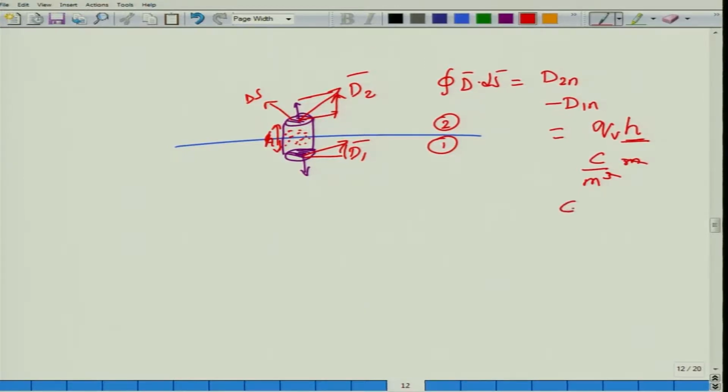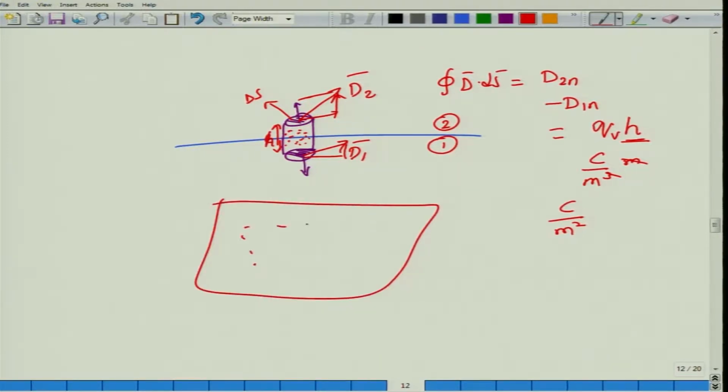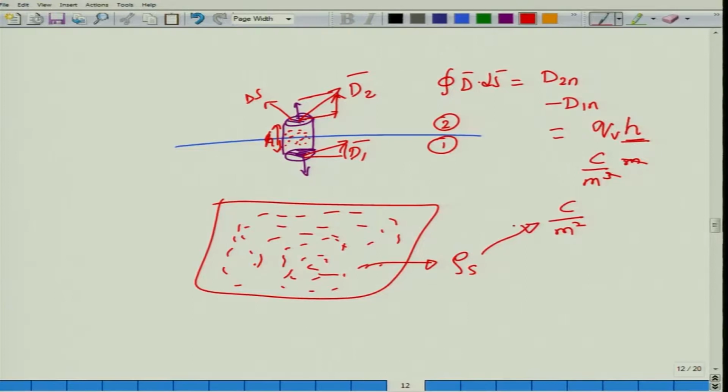Therefore the quantity I obtain is in coulomb per meter square, and that will be the charge that you have sprinkled on the surface. If this is my boundary, looking from the top, and I deposit some charges on it by whatever means, then this charge corresponds to the surface charge density, which we label as rho s, and we measure in coulomb per meter square.